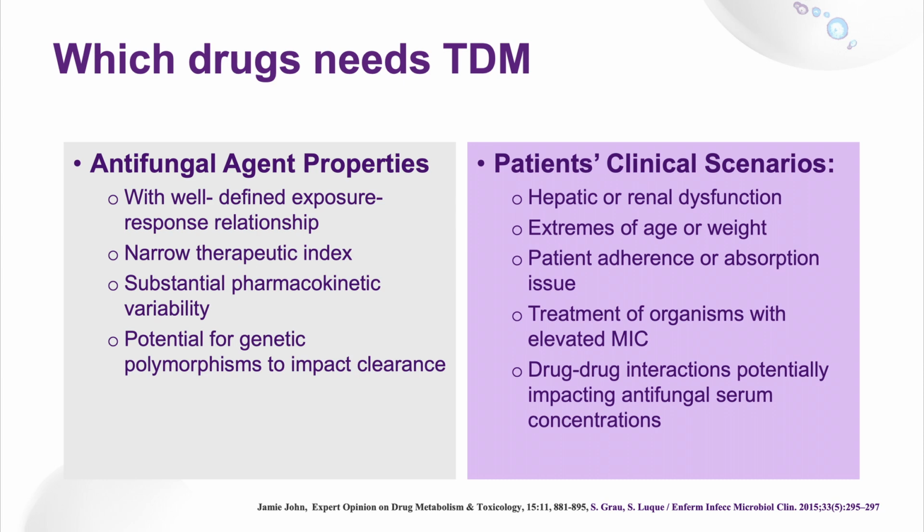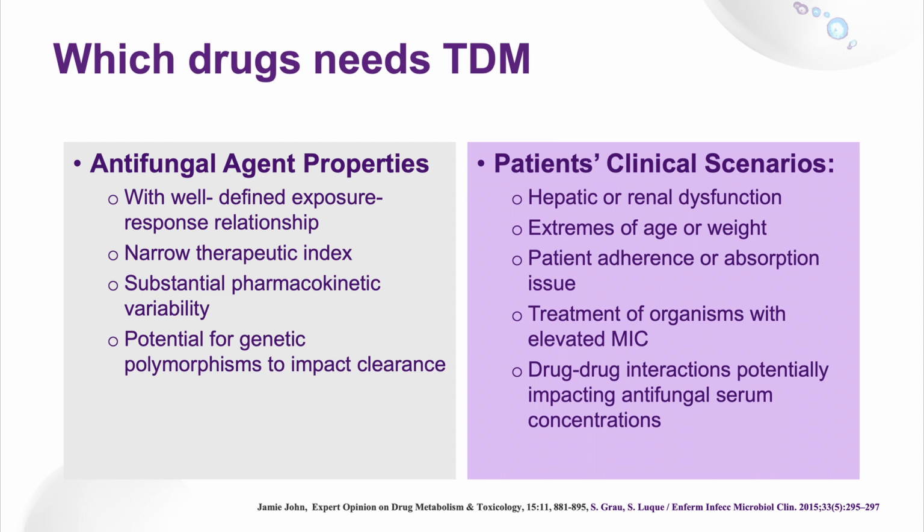A good example here would be voriconazole. We know that the expected therapeutic level of voriconazole is 1.5 to 4.5, but when your patient has a level of more than 5, then we expect a variety of neurological toxicities, hepatotoxicities, and other toxicities. So these drugs require TDM.